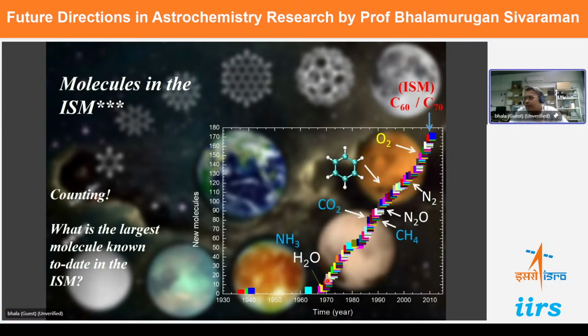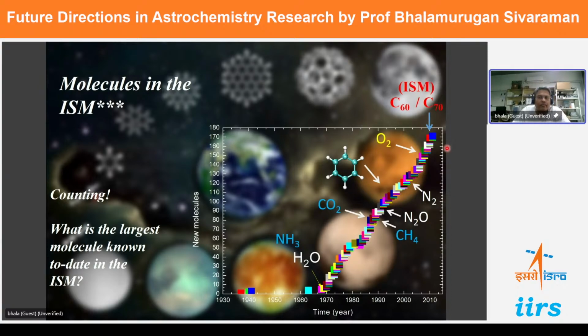And the other future directions in astrochemistry: the most difficult thing in simulating astrochemistry in the laboratory is that the astronomers keep on finding new molecules in deep space, and they keep announcing, oh, we have found benzene.